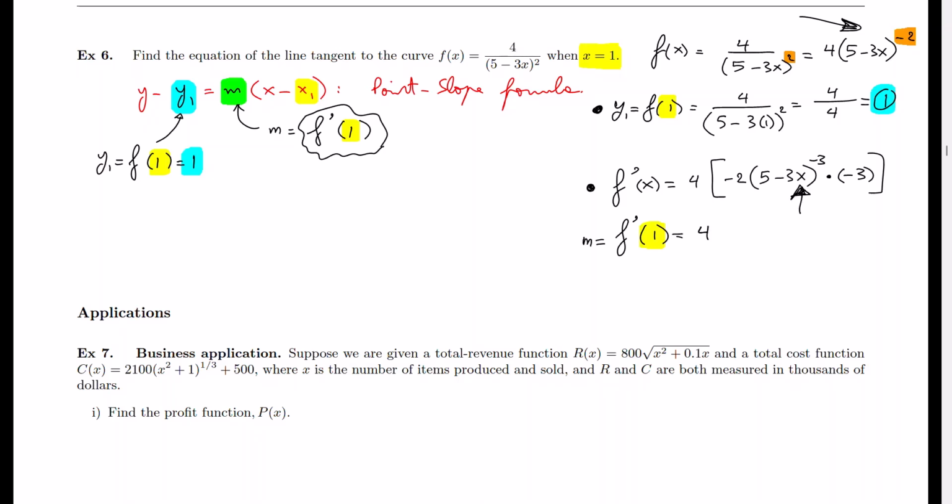So I'm going to get 4 times negative 2 with 5 minus 3 times 1, all raised to the power of negative 3 multiplied by negative 3 again. And again, the way I'm getting this is by putting 1 into the x, and that's because the problem asked me to plug in the 1.